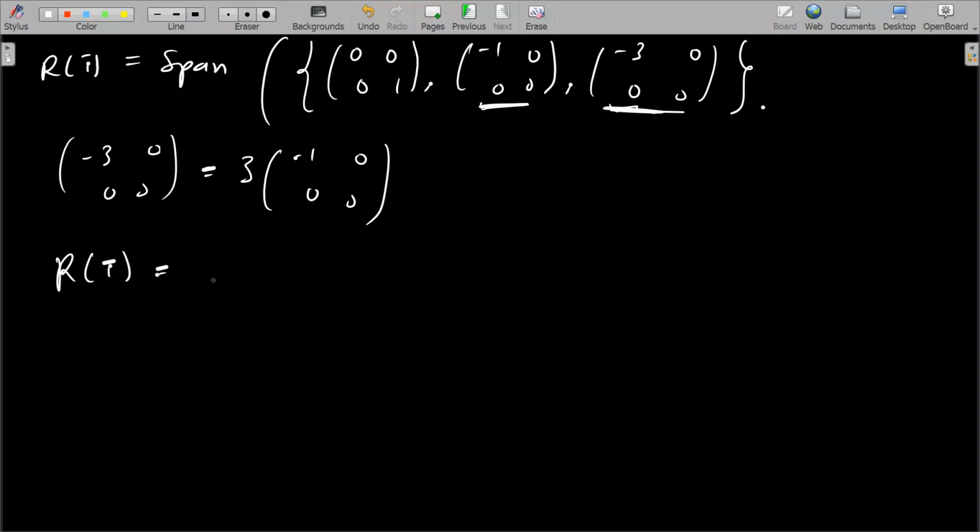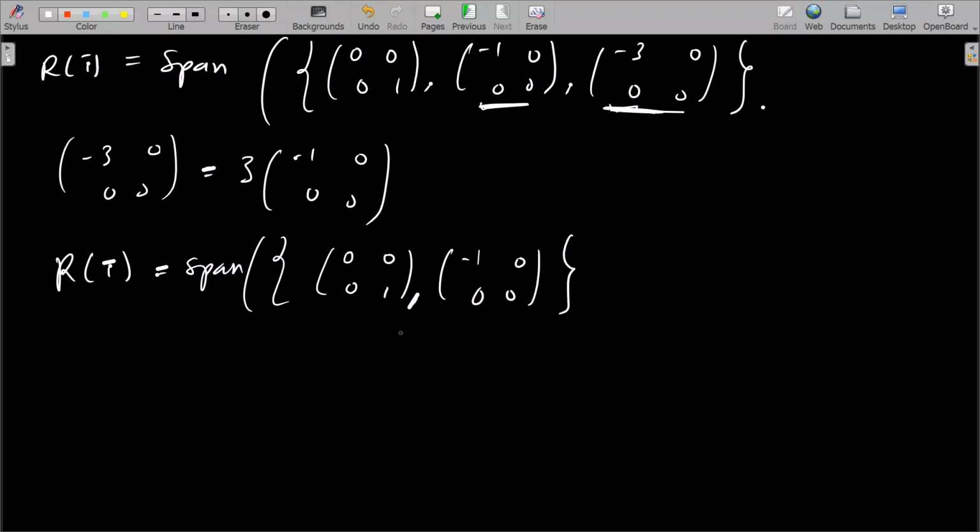R of t is equal to the span of 0, 0, 0, 1 and then negative 1, 0, 0, 0. So this set forms the basis of r of t. So every element or every value you get in the range of t, or all the transformed vectors, can be expressed as a linear combination of these two things.